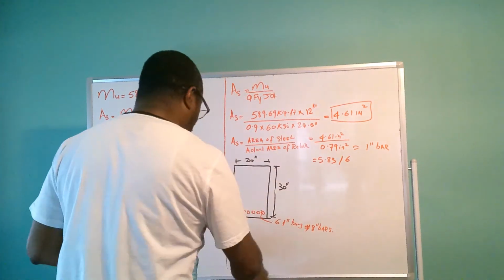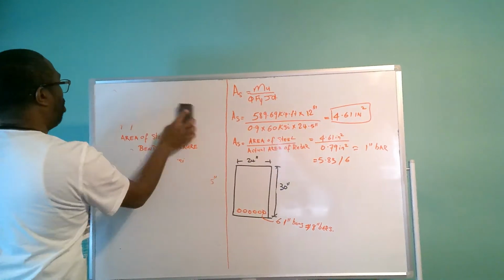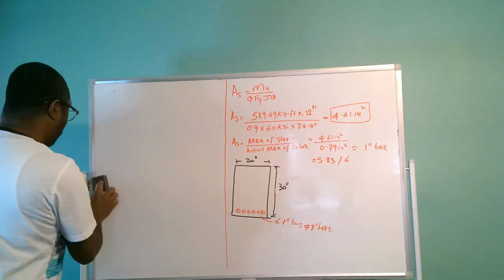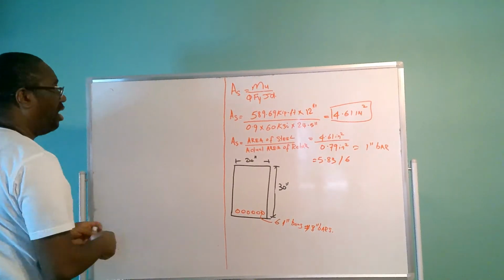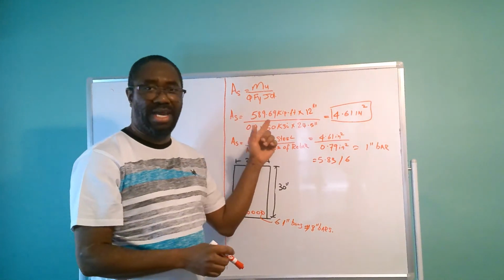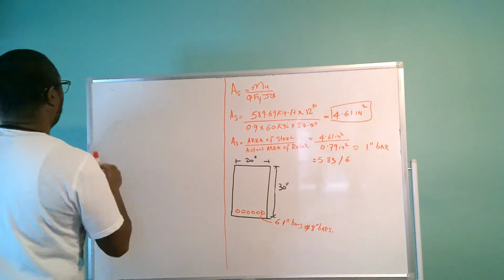One of the checks that I'm going to carry out is the moment capacity of the beam, to ensure that the moment capacity is greater than our 589.69 kips foot.